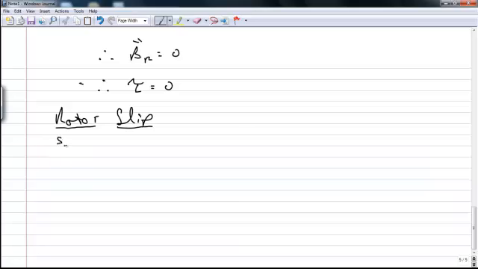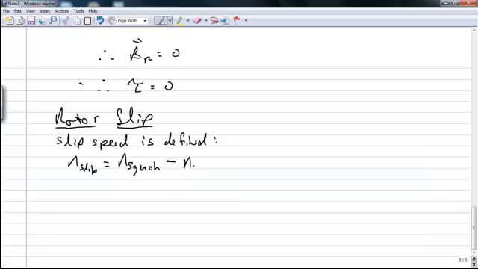I'm going to define the slip speed, and this slip speed is the difference between the synchronous speed and N sub m, which is the mechanical shaft speed or the motor speed. The speed at which the shaft is turning.